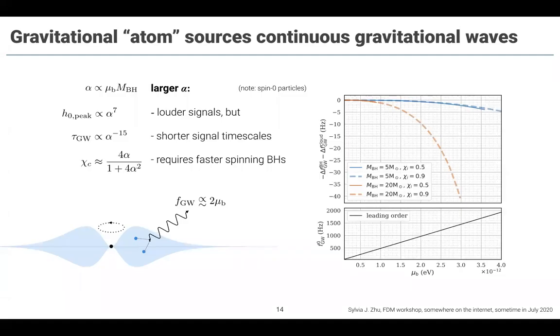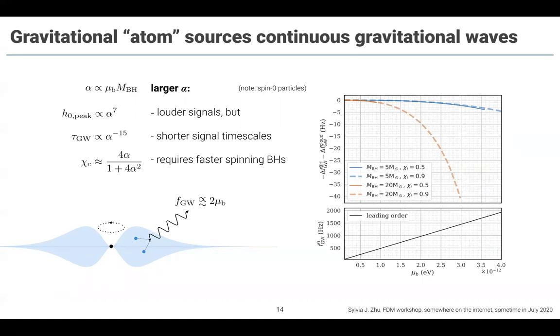If you go to much lighter bosons or axions, then you go to supermassive black holes, and what you need then is a gravitational wave search that is sensitive to much longer wavelengths or much smaller frequencies.